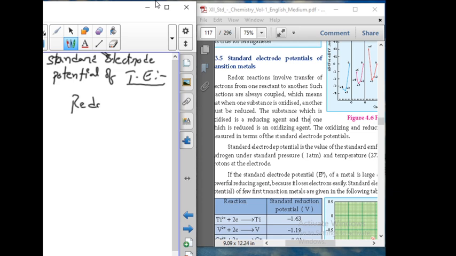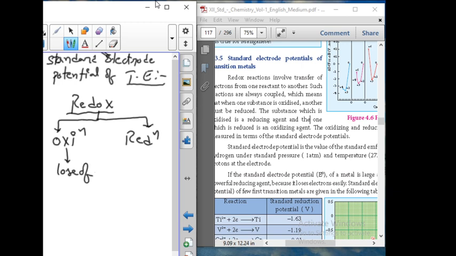In a redox reaction there is oxidation and reduction. Both oxidation and reduction can take place in a single chemical reaction, and that is called a redox reaction. Oxidation means loss of electrons.